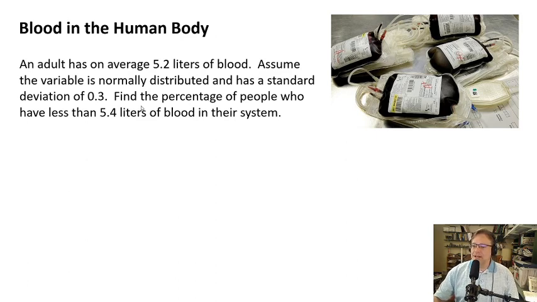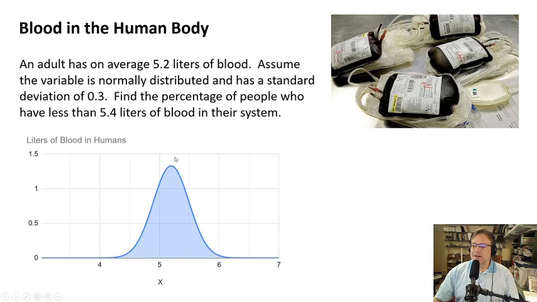All right, so let's see. Actually, I have this drawn here. So the average amount of blood in a particular person is 5.2 liters. That's actually, let's see, 1, 2, 3, 4, 5, a little bit more. That's actually pretty close to the amount of blood that's inside a human body.